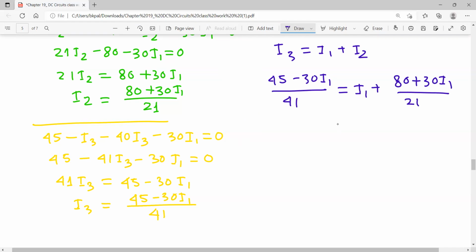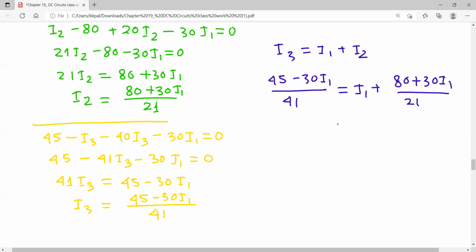Let's simplify this again. So it will be 1.1 minus 0.73 I1, and then I1, and it is 3.8 plus 1.4 I1. Now you see that the only unknown in this equation is I1.